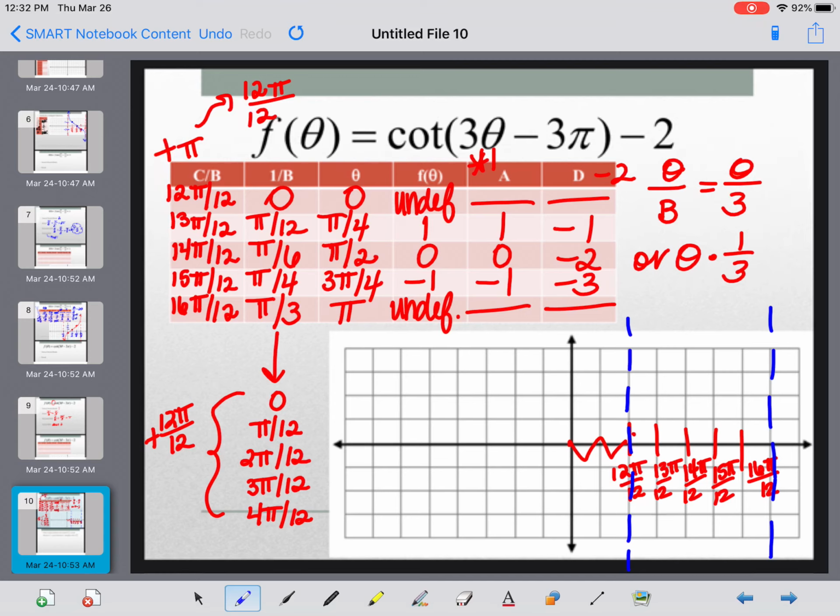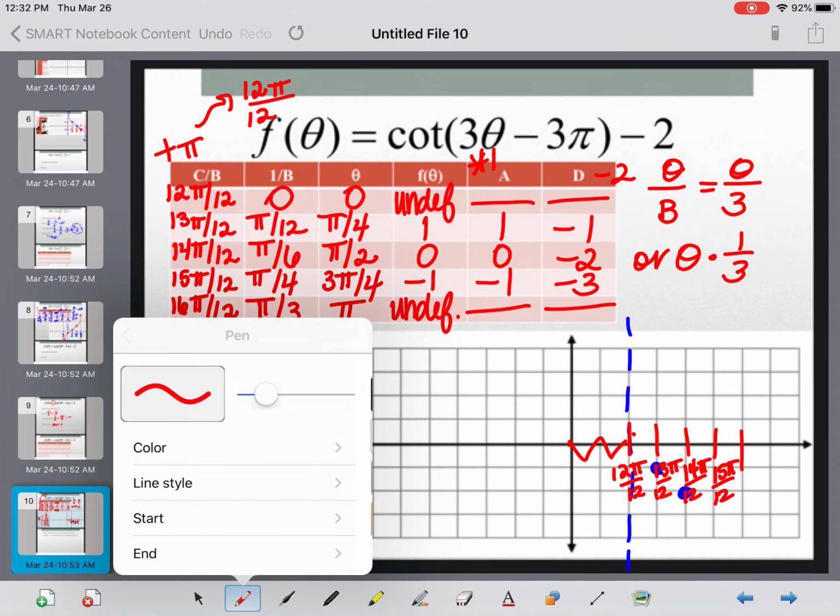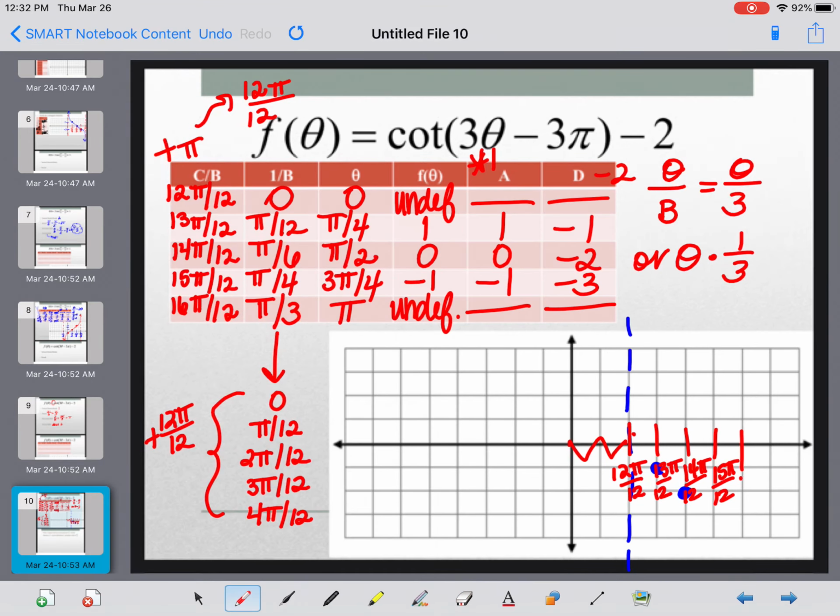Okay, so those are my asymptotes. 13 pi over 12 is negative 1. 14 pi over 12 is negative 2. And 15, whoops, I put my asymptote on the wrong line here. Let's just fix that real quick. Sorry about that.